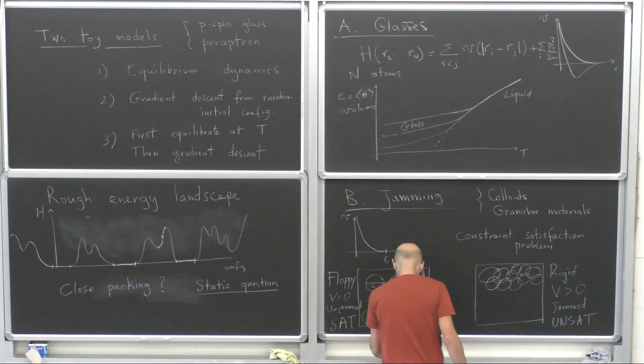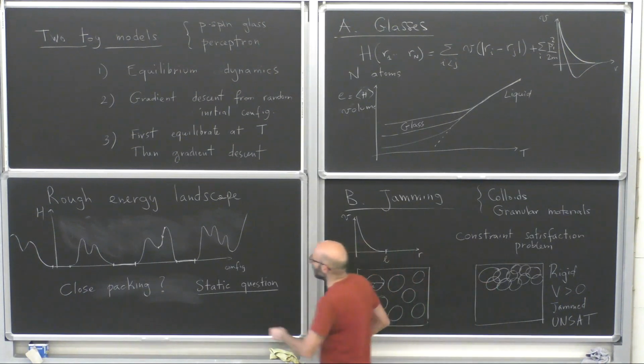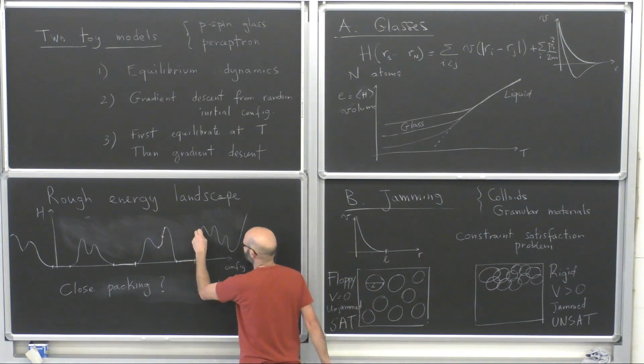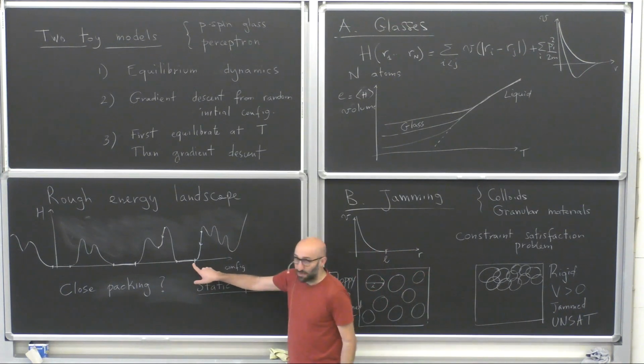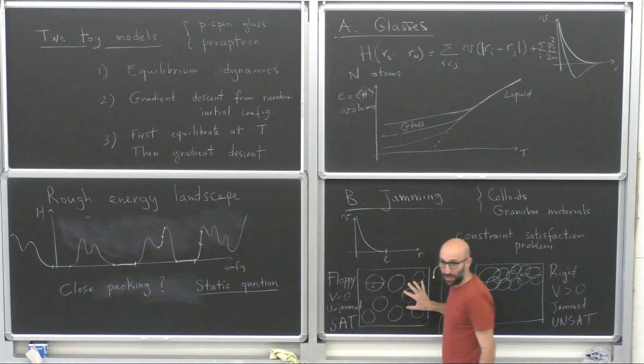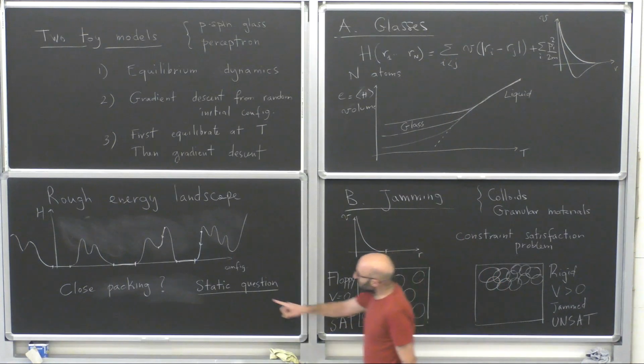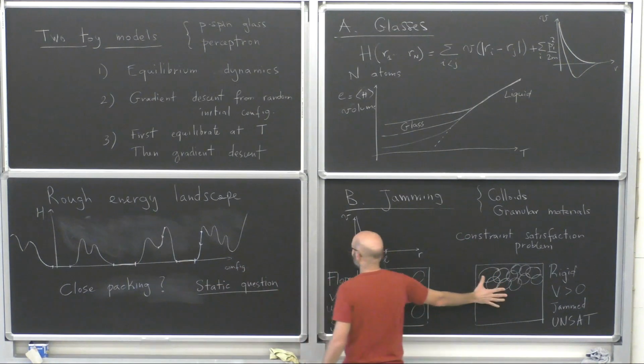Now I do it again, and by chance I pick this initial state, and then I go here. So in this case I found the packing, I found a zero energy configuration. In this case, I end up here.